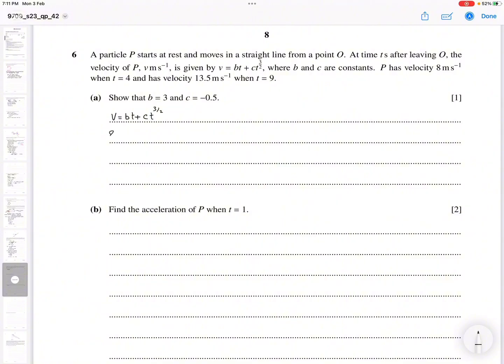So we can write 8 equals b times 4 plus c times 4 power 3 by 2. So if you simplify this, you will get 8 equals 4b plus 8c. Now further simplify, so you divide it by 4 throughout and you will get 2 equals b plus 2c.